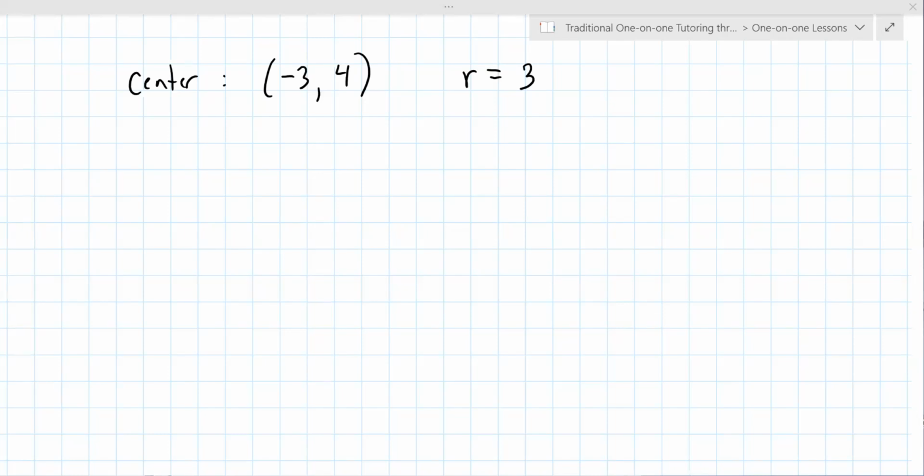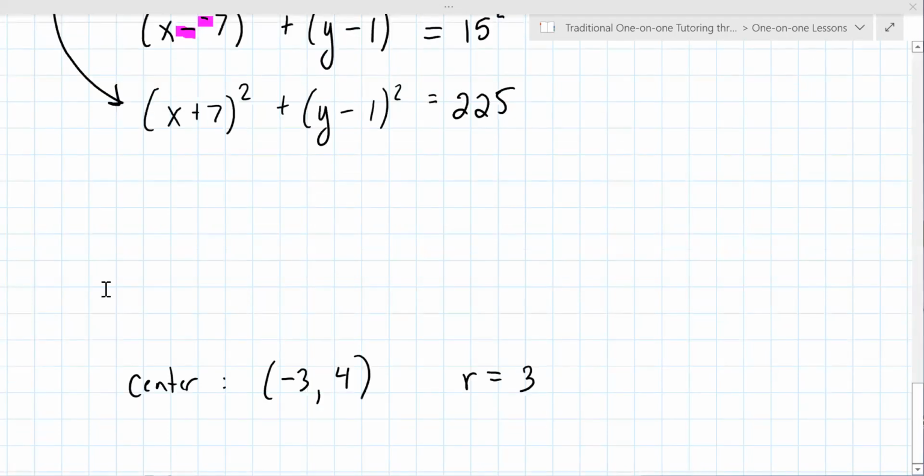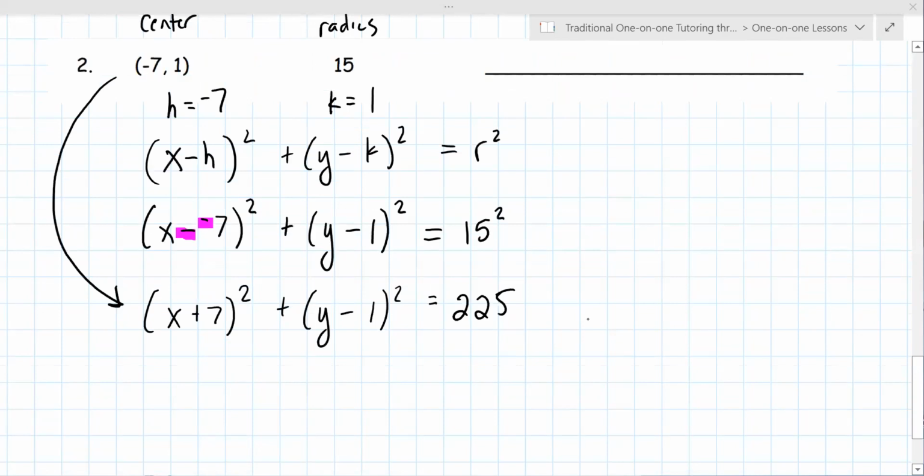Nine. I'm asking for the equation of the circle, Sourish. The final equation of the circle. I got the answer, 3 squared equals 9. That's not what I'm asking for, Sourish. I'm asking for the equation of the circle. This line right here represents the equation of the circle.